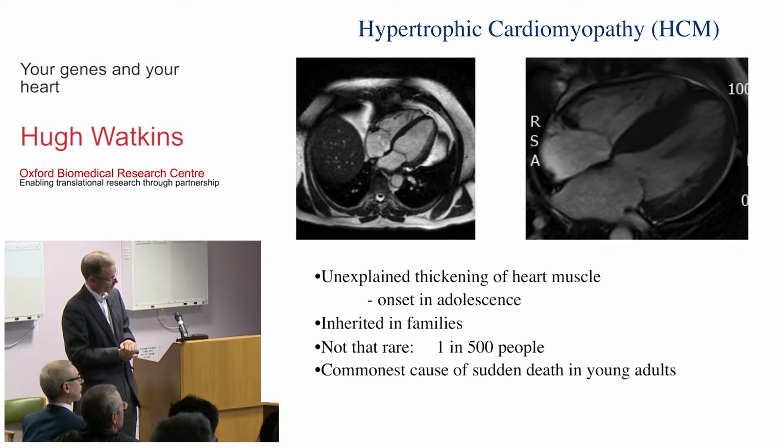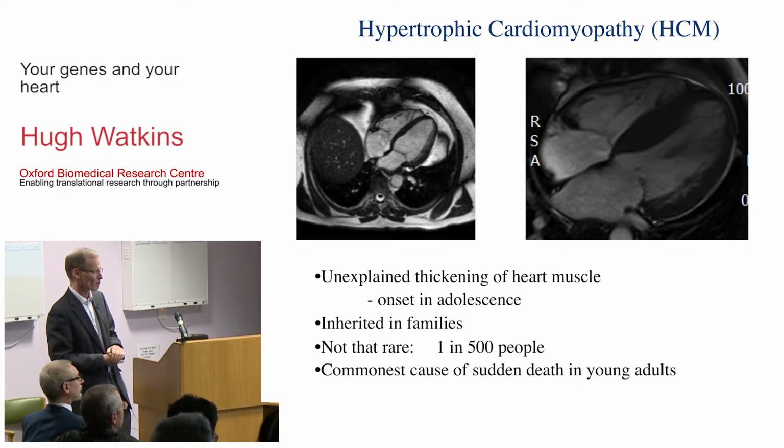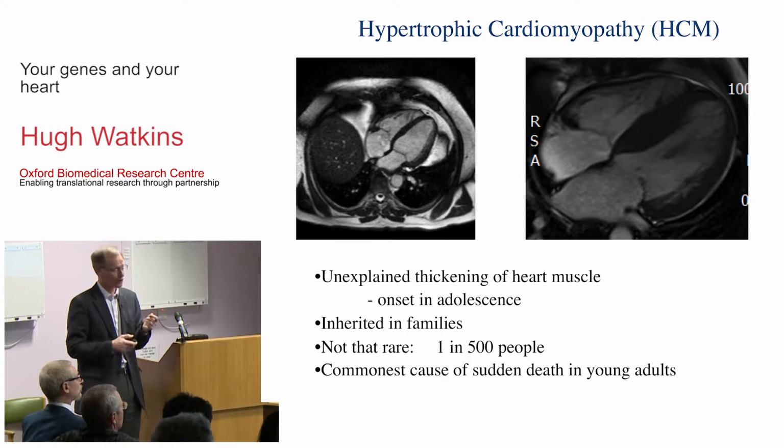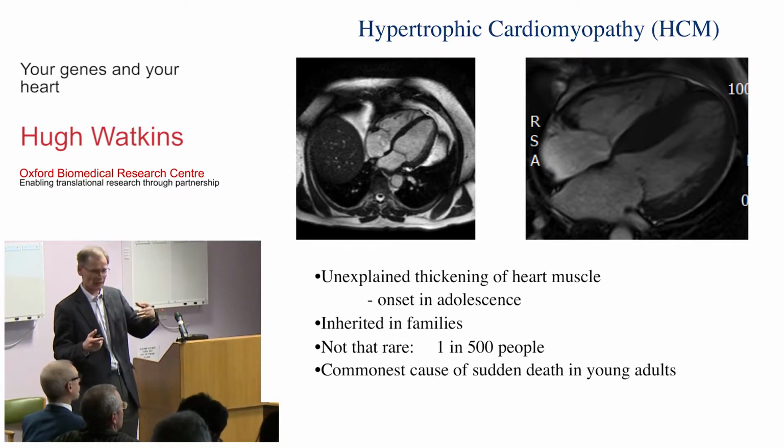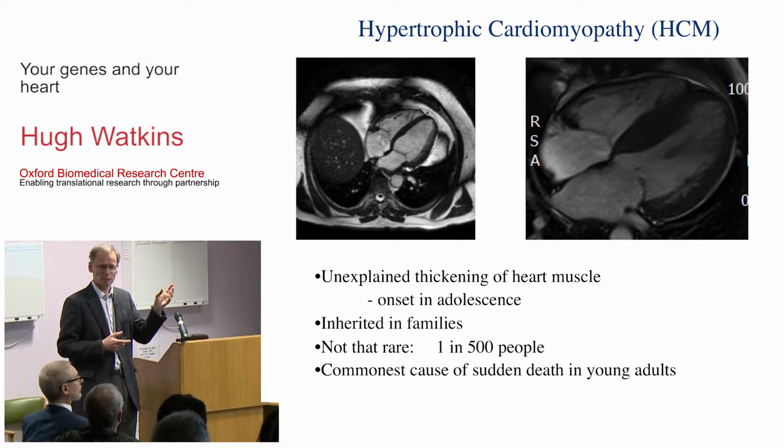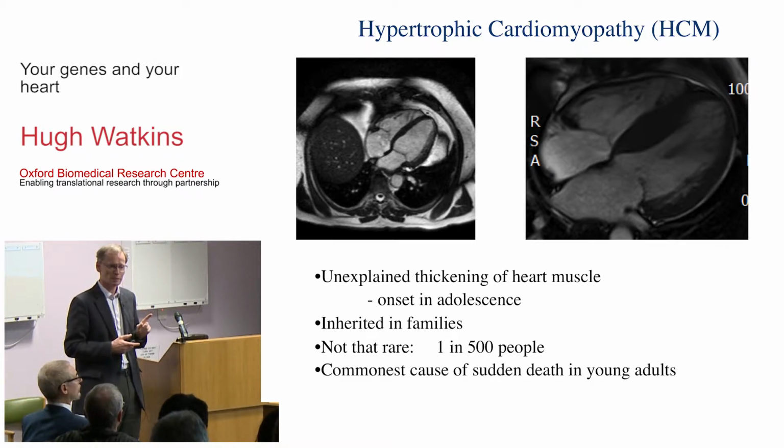The thickening comes on usually in sort of teenage years, sometimes later. And although I said genetic conditions are uncommon, it's not really rare. So 1 person in 500 has this condition. So if you go to a GP surgery, they'll probably have a handful of people with it, but they probably won't know who they are, because most people with it haven't been diagnosed because the heart works pretty well.